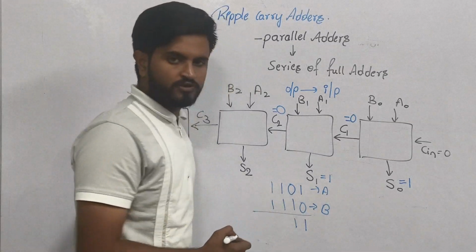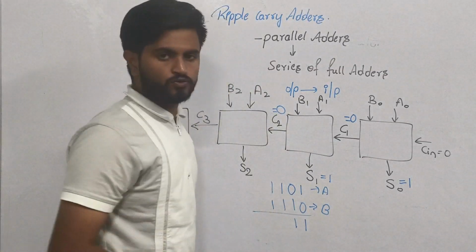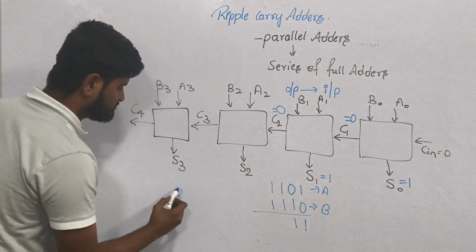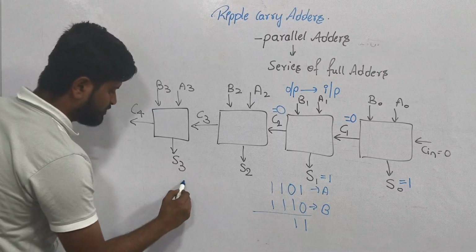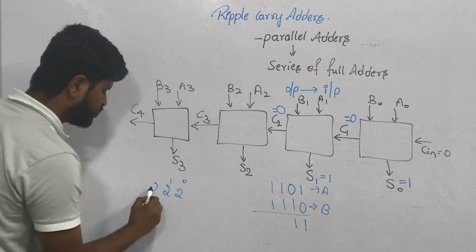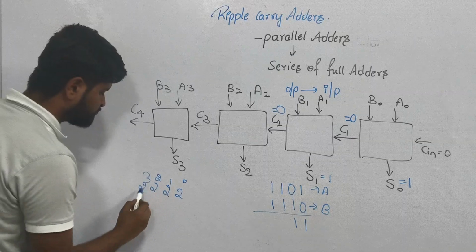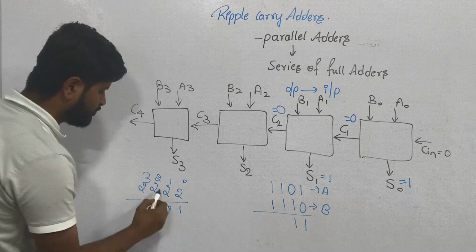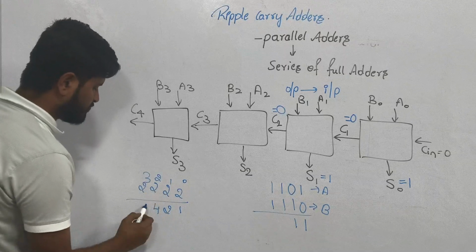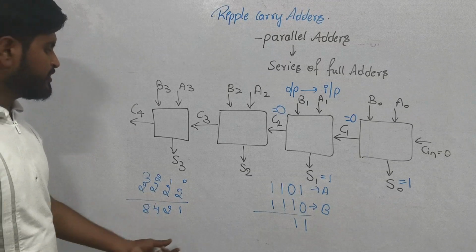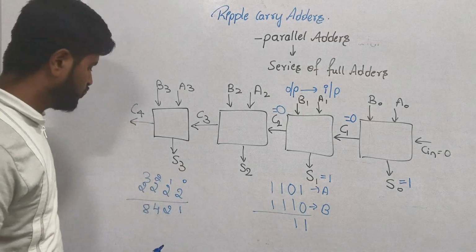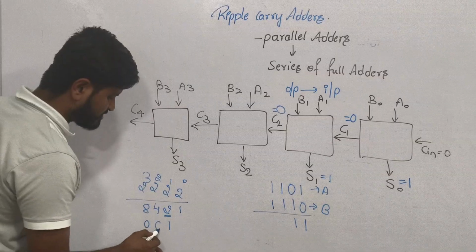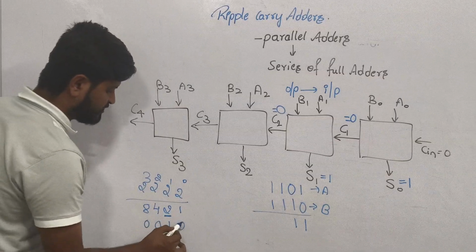Now 1 plus 1 will be 2. You can't represent 2 like this using 1 and 0. So how will you represent it? You must know the powers of 2: 2 power 0 is 1, 2 power 1 is 2, 2 power 2 is 4, 2 power 3 is 8. You want to represent 1 plus 1, that is 2. So you will be taking 2 and not considering 4, 8 and 1.